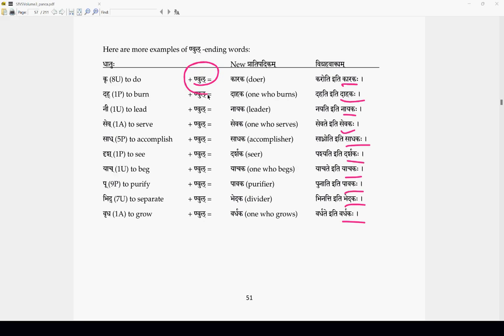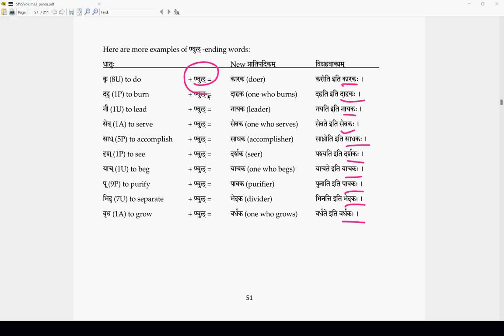So you take the dhatu, like example here kru dhatu, which is Tanadiganiya dhatu, the 8th gana. Apply nul to it to get the karaka as the pratipadikam. Dahaka as a pratipadikam added to dah.